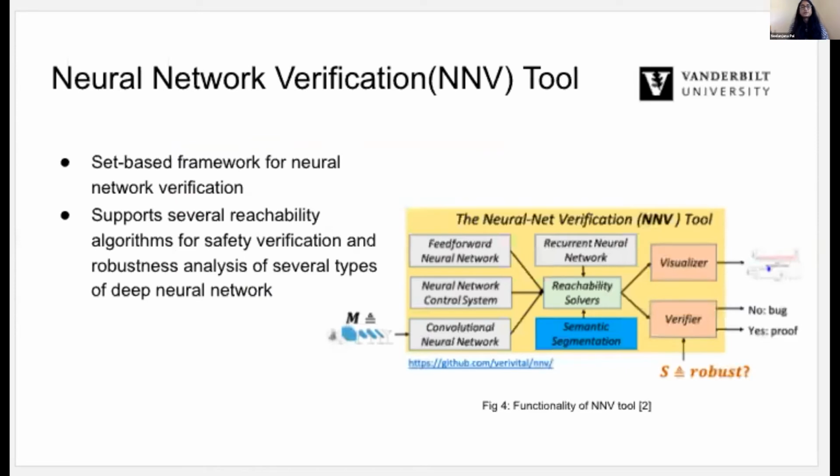Here we use the NNV tool. It's a neural network verification tool developed by the VeriVITAL Lab, and it's a MATLAB-based tool. For reachability, it mainly uses set-based approaches. It can handle several neural network systems like feed-forward, convolutional, semantic segmentation, and some closed-loop neural network systems as well.